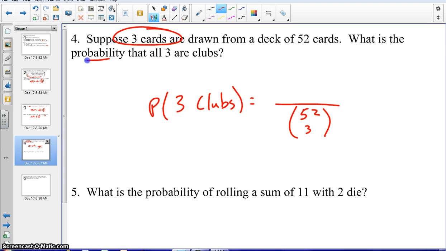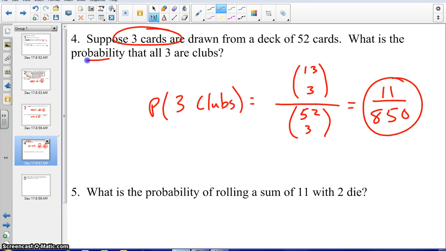So we're going to do 52 choose 3 as the denominator. In the numerator, we know we have 13 clubs. Of those 13, we want to draw 3. So we'll do 13 choose 3. So we're using combinations because we're doing a multi-draw from this deck, which gives us 11 over 850.